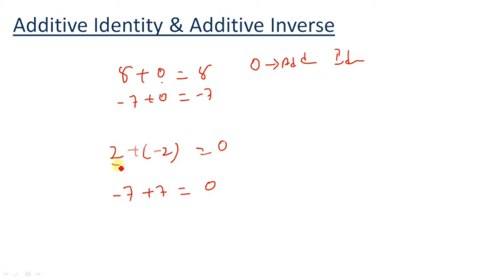So the additive inverse of 2 is minus 2 and the additive inverse of minus 2 is 2. Remember, additive identity is always 0 and additive inverse is always the opposite sign of the number. Suppose I have 17, then the additive inverse will be minus 17. Suppose I have minus 18, the additive inverse will be 18.